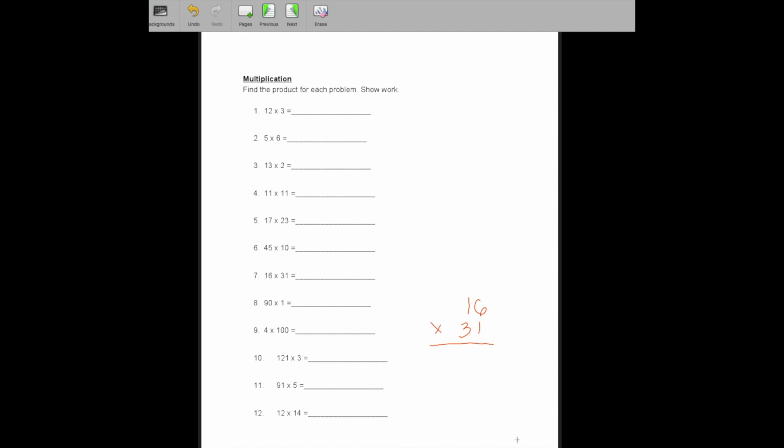Instead of writing it with a blank space here, we can instead just write an arrow. So 6 times 1 is equal to 6. 1 times 1 is equal to 1. 6 times 3 is equal to 18. So I put the 1 here.